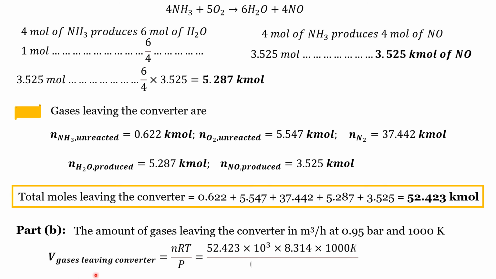So volume of gases leaving the converter equal to nRT by P. So here n is the total moles of gas leaving converter, that is 52.423, and further temperature and pressure conditions are given. So we need to convert this bar to Pascal. So after simplification we will get 4587.84 meter cube.